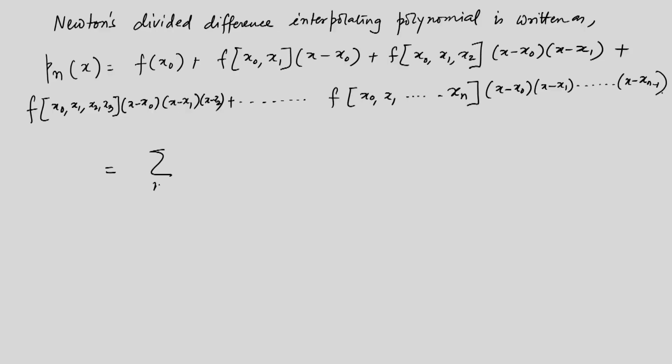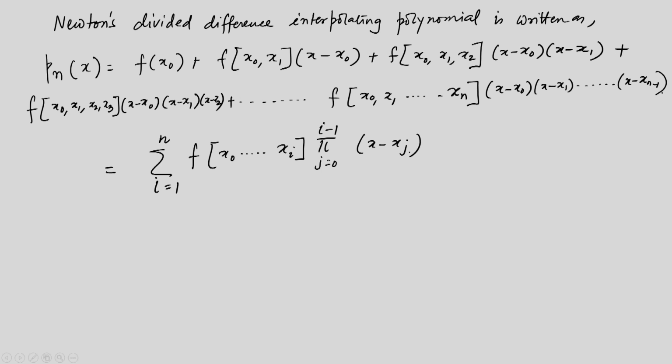So, this is written as a summation, i equal to 1 to n, of f of x 0 all the way up to x i, and then we have a product, j equal to 0 to i minus 1, of x minus x j.